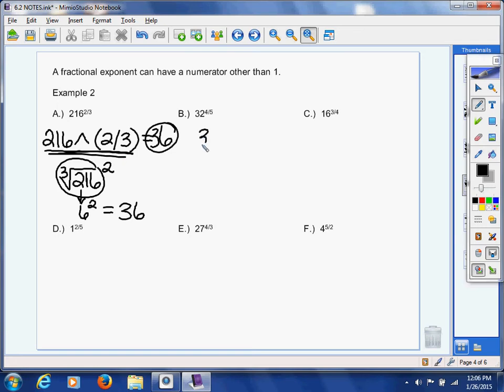Just remind you, when you type it in, type in your base, root, and in parentheses, 4/5. Okay, and then hit enter. It'll give you the answer. Or you can find the 5th root of 32. So what number times itself 5 times gives you 32, and then raise that to the 4th power. This is probably not as popular, this one right here.